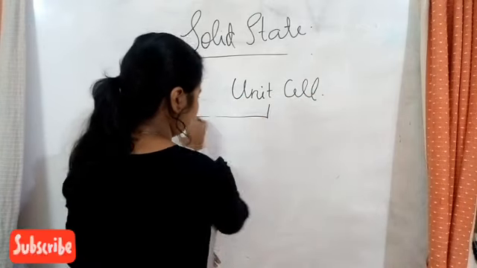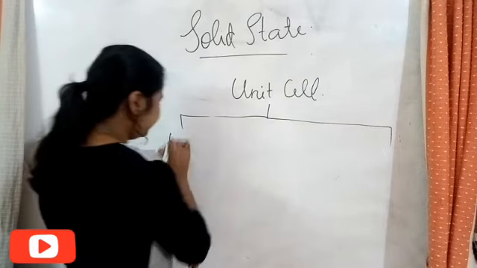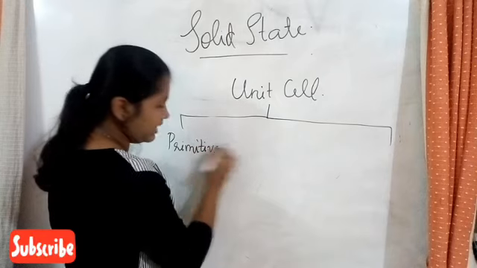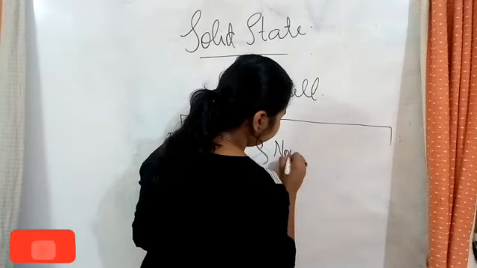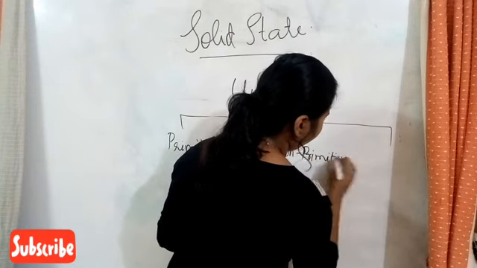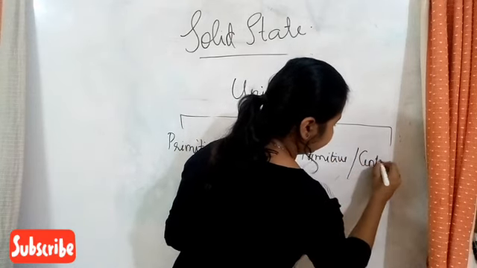The unit cell is classified into two: primitive and non-primitive, or centered.